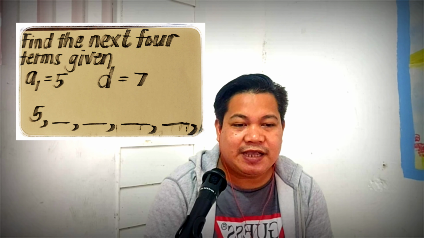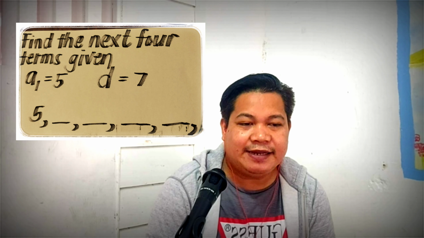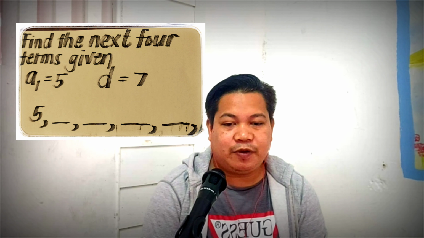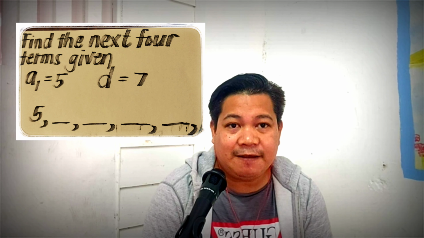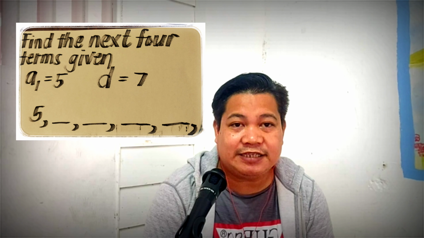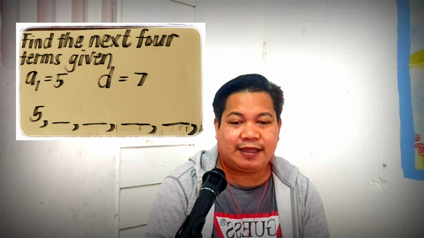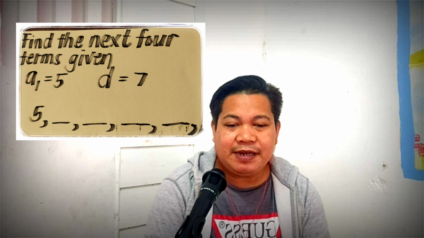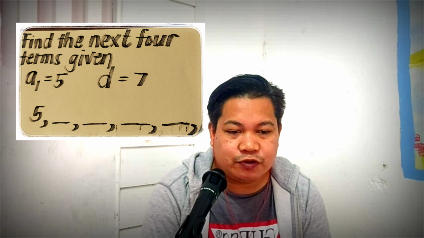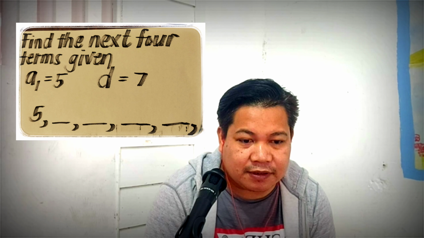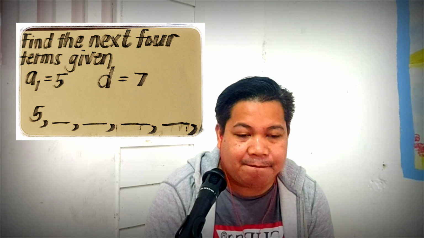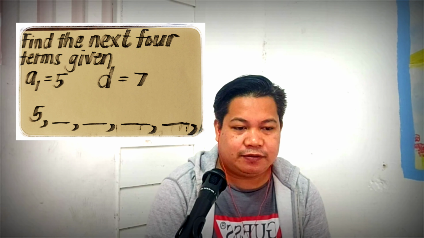How about this? Find the next 4 terms given the first term and the common difference. Katulad ng number 1. Ang a sub 1 daw equals 5. Ang d naman or the common difference is 7. So, anong gagawin natin? Hahanapin natin yung mga sumusunod na terms by adding 7.